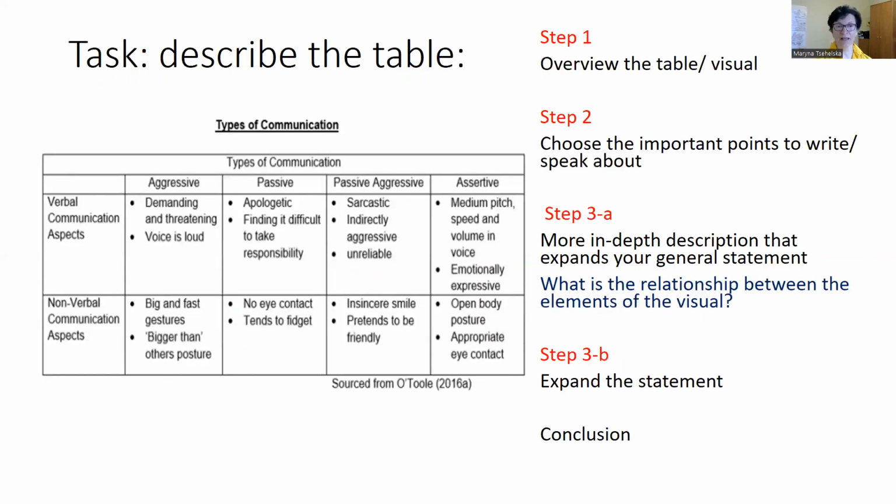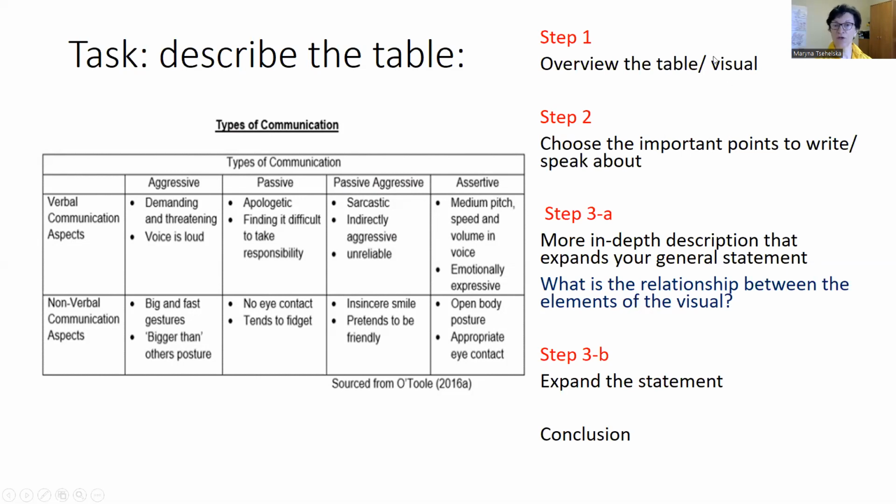Your home task will be to describe another table. This table shows the types of communication, but from a different angle. It shows us verbal communication aspects and non-verbal communication aspects, and the communication which may be aggressive, passive, passive-aggressive, or assertive.